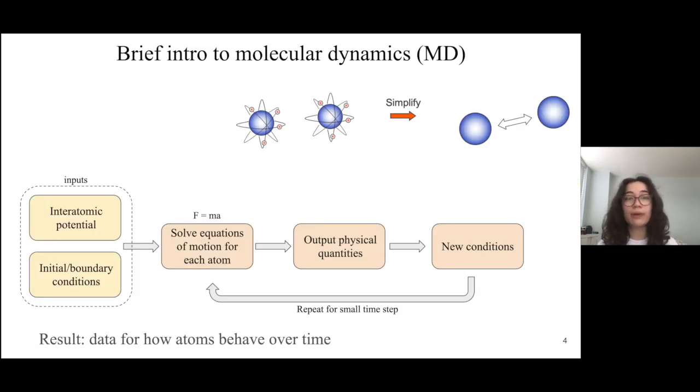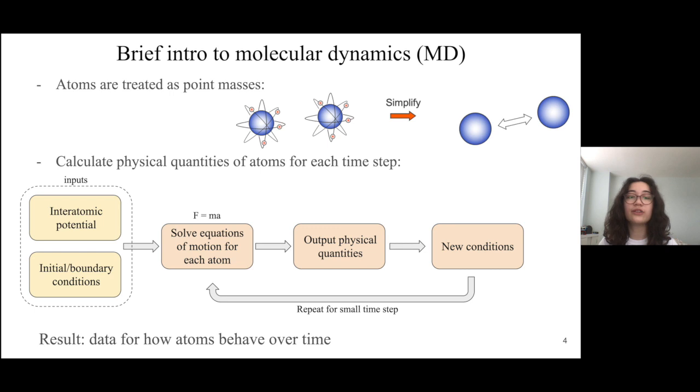The simulation method we're using is molecular dynamics. In molecular dynamics, all the atoms are treated as point masses that interact with each other. This figure below briefly shows the steps involved. Firstly, it requires inputs, including the interatomic potential and some initial and boundary conditions, such as initial position and initial velocity.